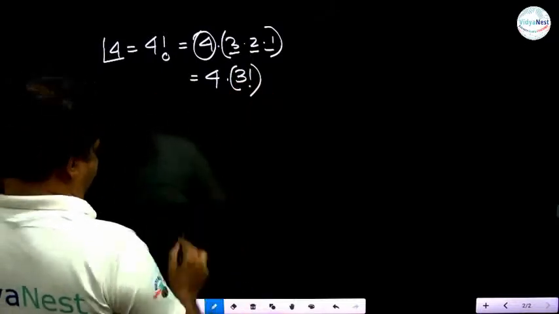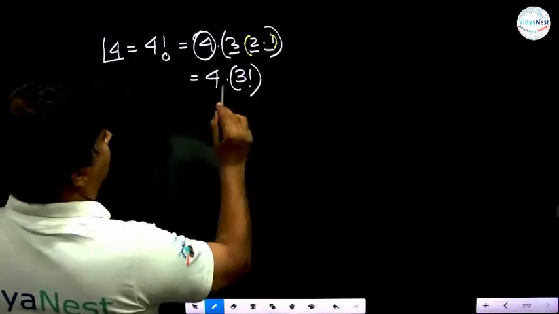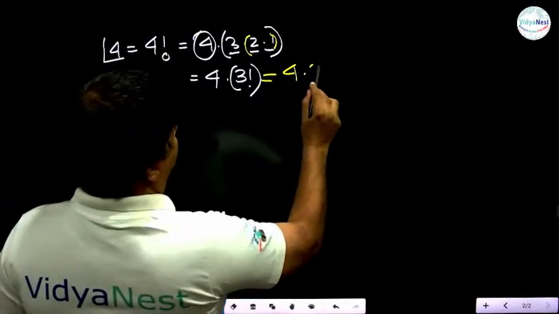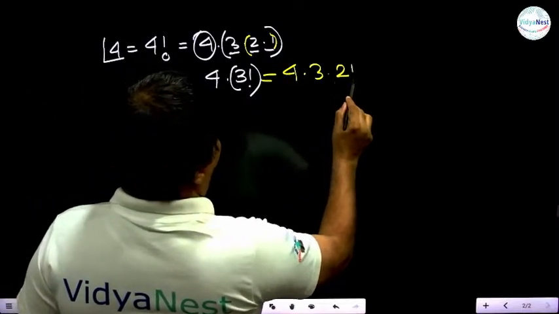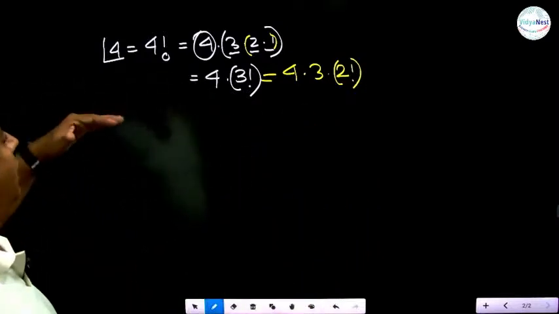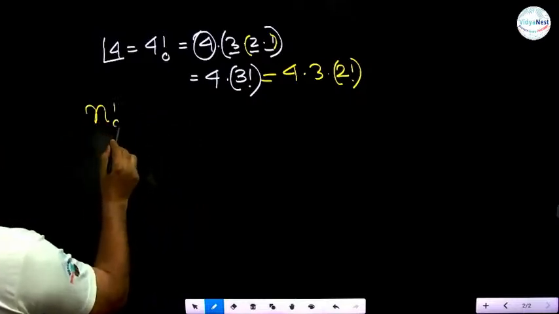Now, in the same manner, if I put these in a bracket, that factorial 3 can be broken into 3 into factorial 2. Okay? So, if that concept is generalized, see factorial n.